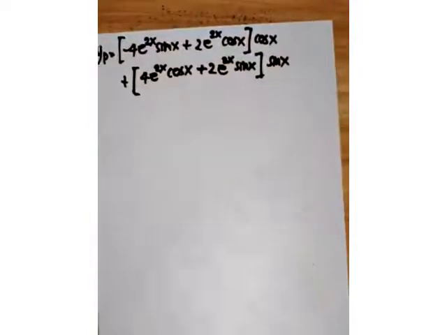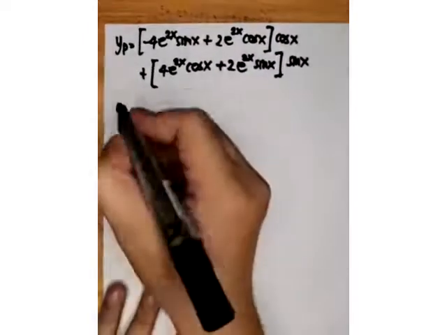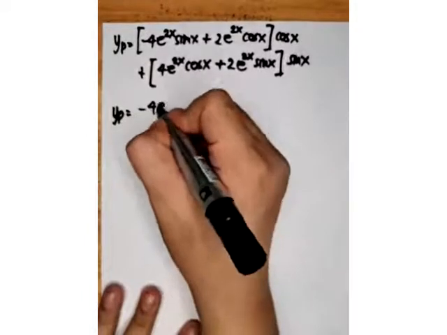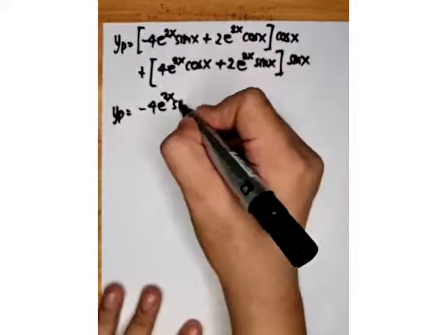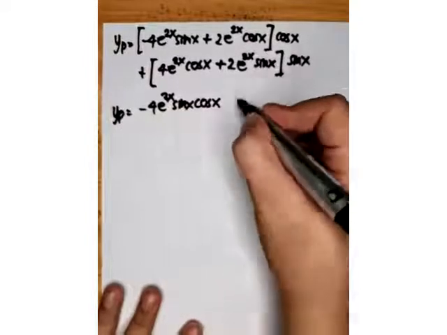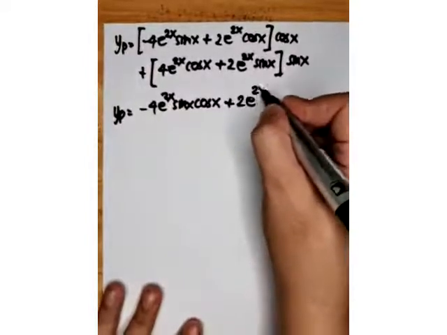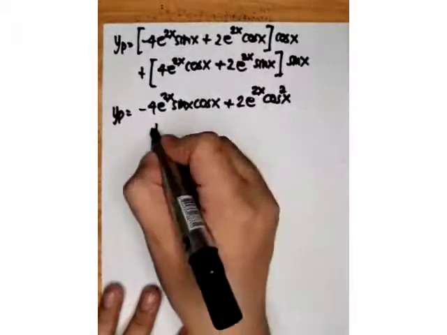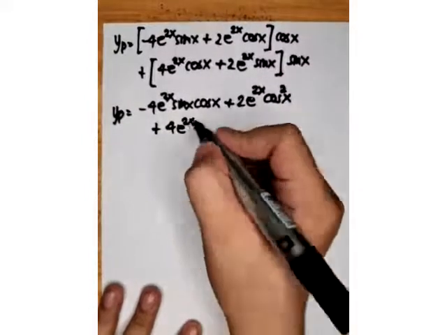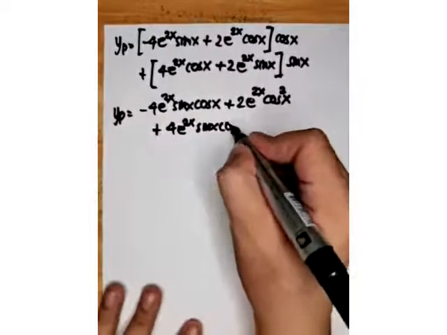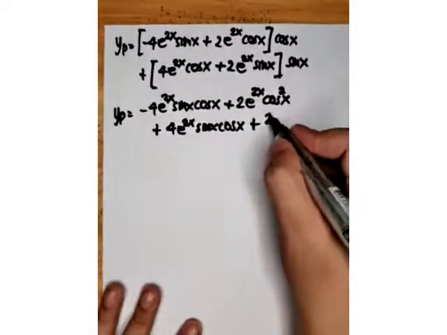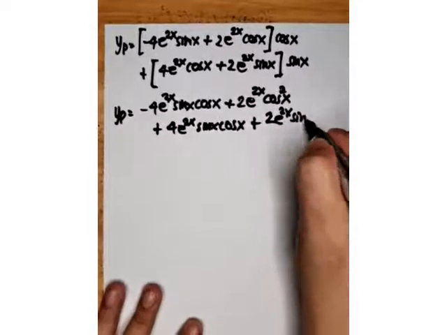Okay? And then we simplify. So y sub p is equal to negative 4 e raised to 2x sine x cosine x plus 2 e raised to 2x cosine squared x plus 4 e raised to 2x sine x cosine x plus 2 e raised to 2x sine squared x.